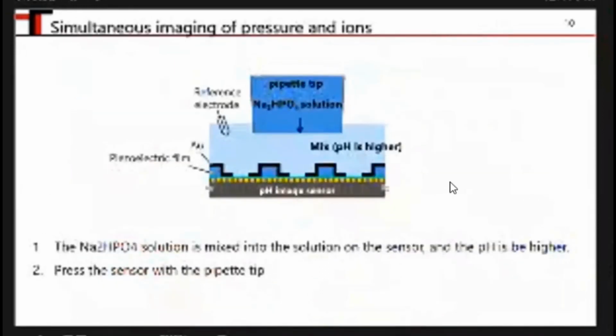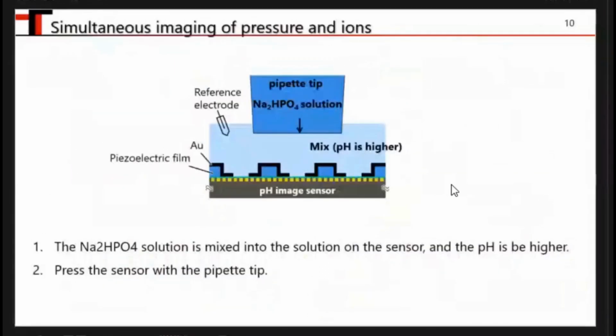Next, we conducted simultaneous imaging of pressure and ions. This experiment uses a pipette tip containing disodium hydrogen phosphate solution, and first the solution in the pipette tip is mixed into the solution on the sensor.